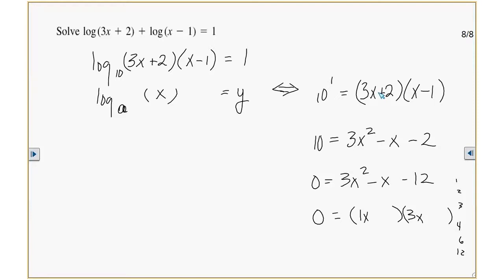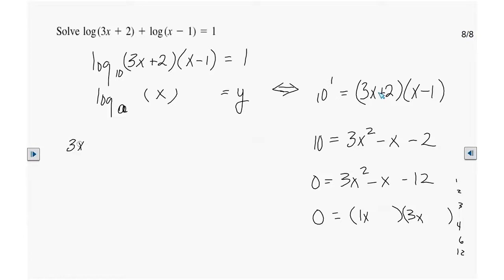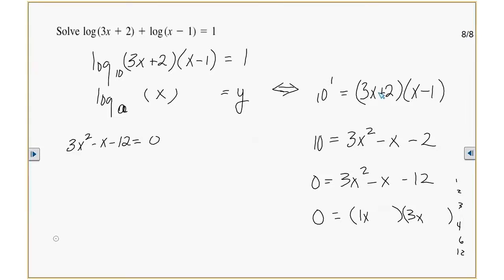I don't see it. That means you get to use what? Complete the square. 3x squared minus x minus 12 is equal to 0.